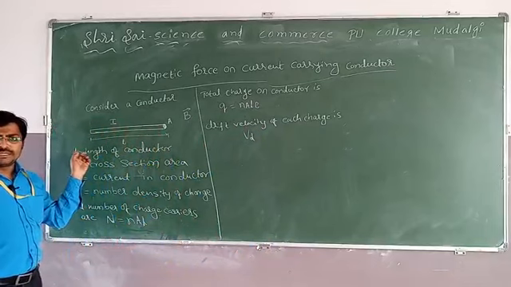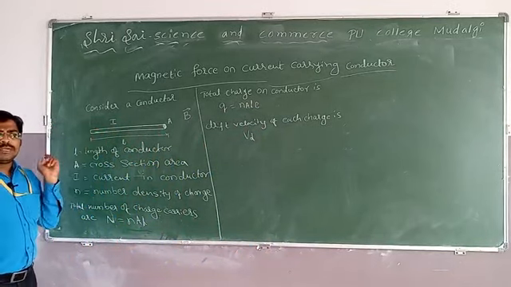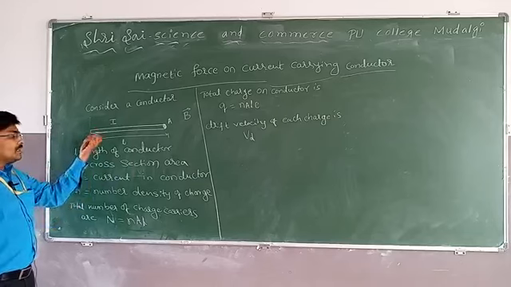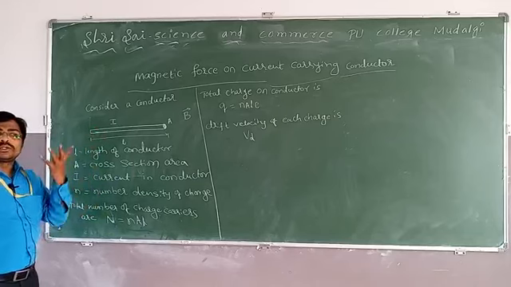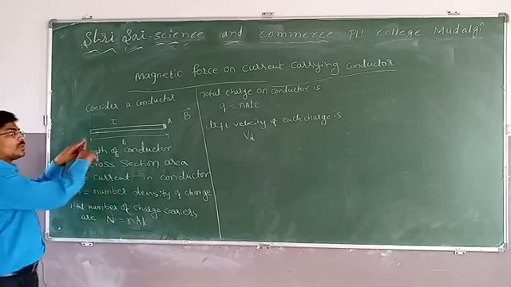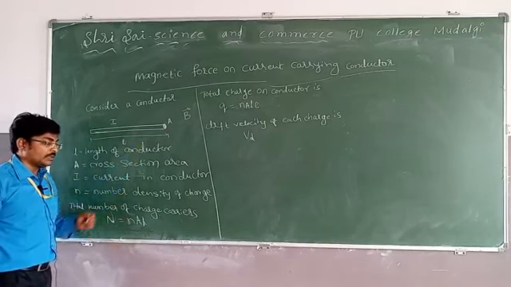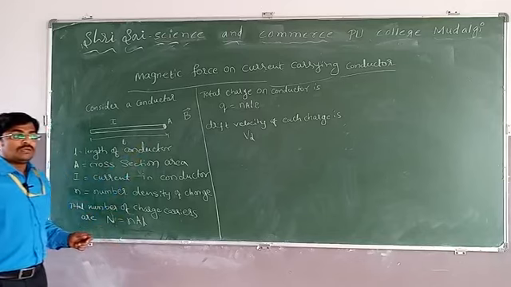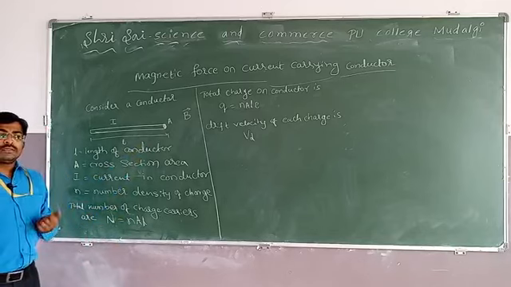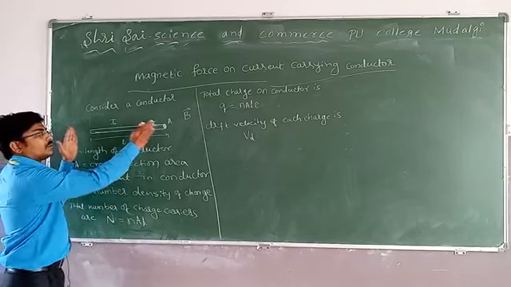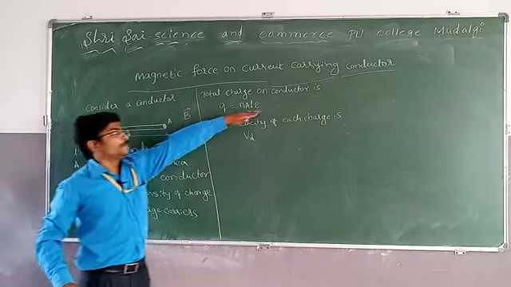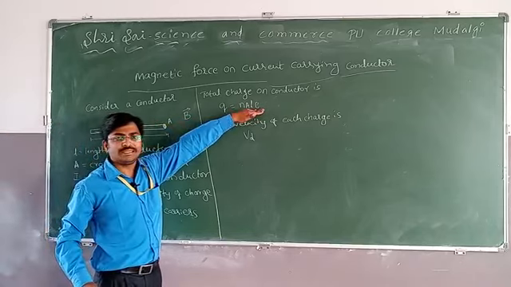Current flowing means electrons are moving. How many number of electrons are there in a 1 meter? Small n number of electrons. Totally how many number of electrons in a total conductor? That is nAL, and each electron carries e charge. Then total net charge on this conductor is nALe. That is Q is equal to nALe.